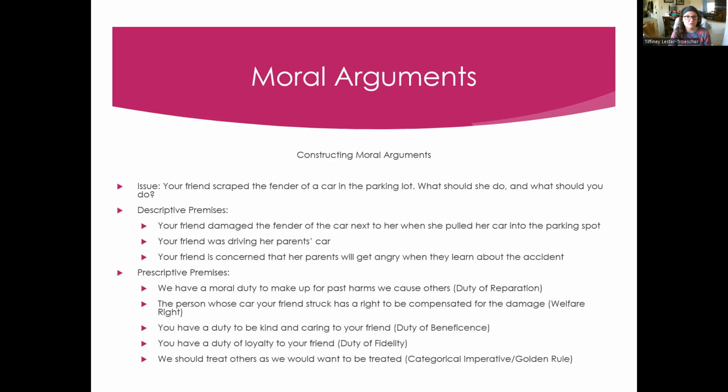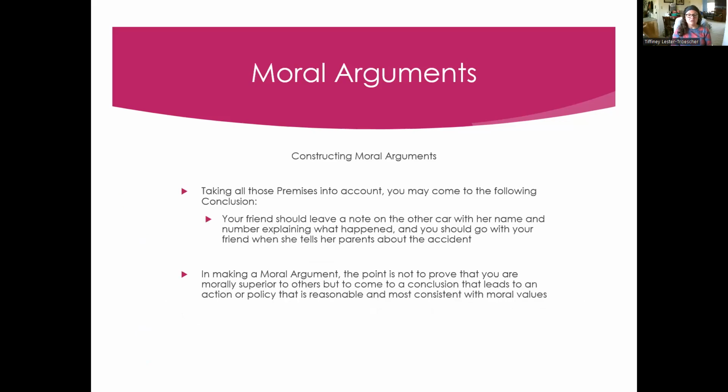All right, so what can we do? Maybe what you guys come up with looking at your prescriptive premises is, she's going to leave a note on the car with her information, and then you're going to go with her to talk to her parents when she tells them about the accident. So, reinforcement, moral support, possibly, it will curb her parents' urge to have a big reaction about it, right?